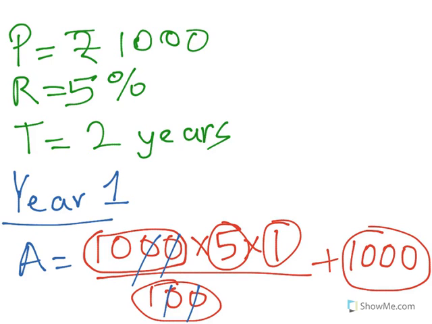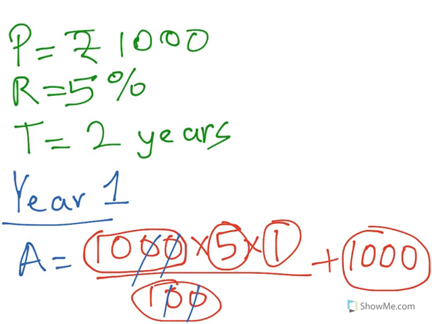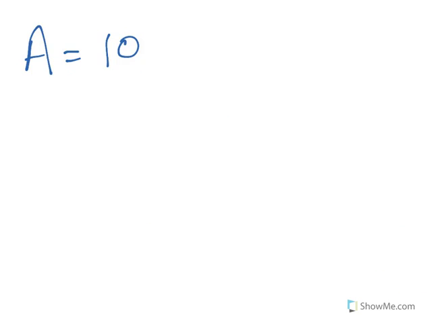So basically, 1,000 divided by 100 is 10. So I'm just going to copy that onto my next page. A is equal to 10 into 5 into 1 plus 1,000.